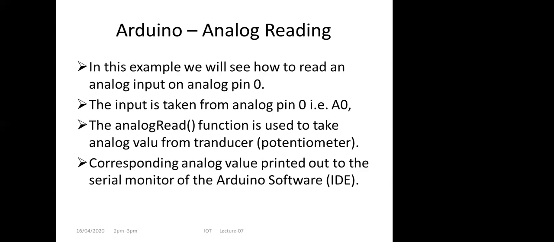Here we'll see one more external thing where we can see output, which is the serial monitor. How to see that, and in how many ways, we'll see in this example itself.